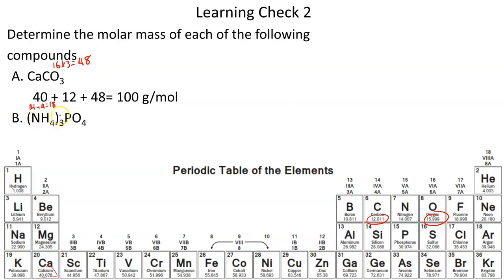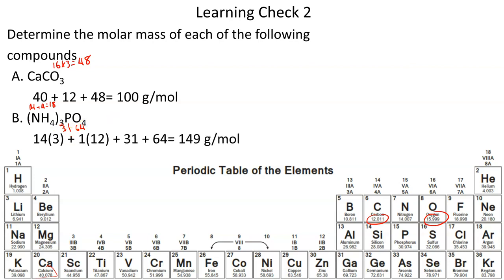You could also do 3 nitrogens, 12 hydrogens and do the math that way, that's fine. Or you could combine them together and multiply them by the number outside. It's really up to whatever your preference is. Then you add 1 phosphorus, which is 31. And then you have oxygen, 16, and you have 4 of them, so that's 64. So you add all that together, you get your molar mass.